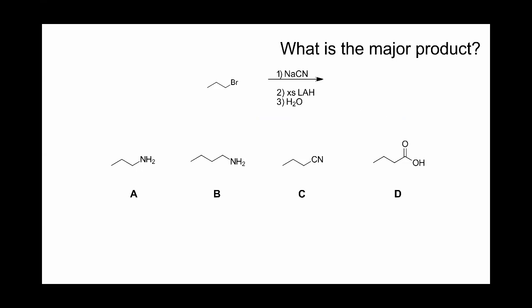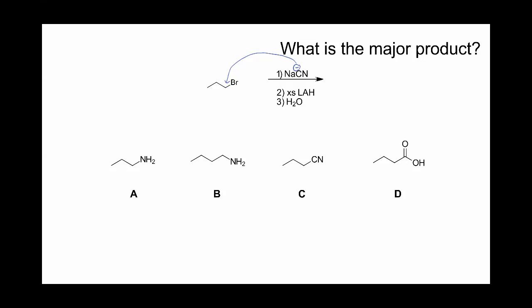All right, this is a review question, sort of. So what is the product of this reaction? All right, so the Br plus NaCN, if you remember this, is going to add here.